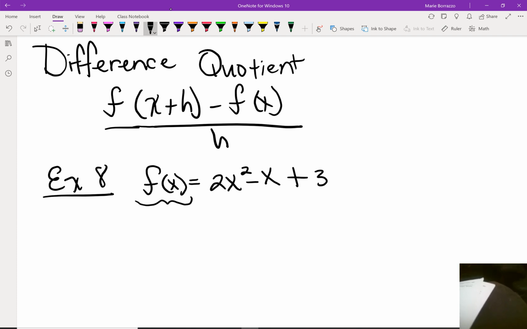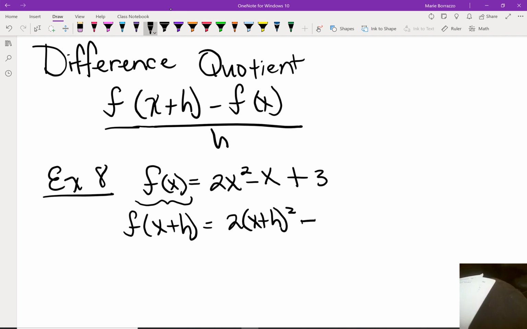What I need is f of x plus h. That means everywhere I see an x squared and an x in this example, I'm going to input x plus h. So this becomes 2 parentheses x plus h squared minus x plus h plus 3.